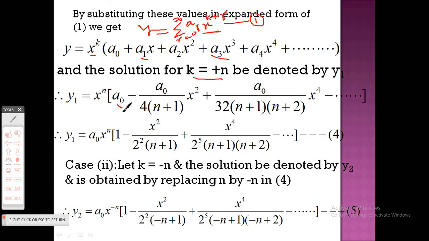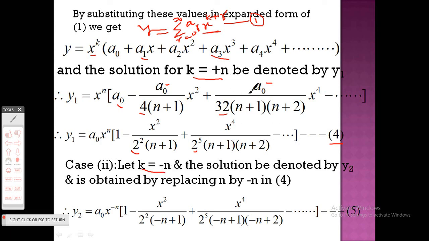Y1 is equal to, so this k I am substituting here, n into a naught into x to the power n, a1 is 0, a2 value is a naught divided by 4 into n plus 1, a3 is 0, a4 is a naught divided by 32 into n plus 1 into n plus 2, x to the power 4. This 4, let me write it as 2 square here, and 32, let me write it as 2 to the power 5, and take this as equation number 4.